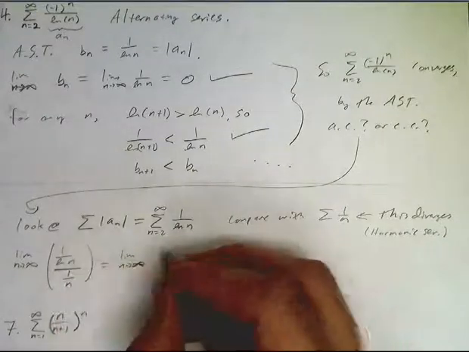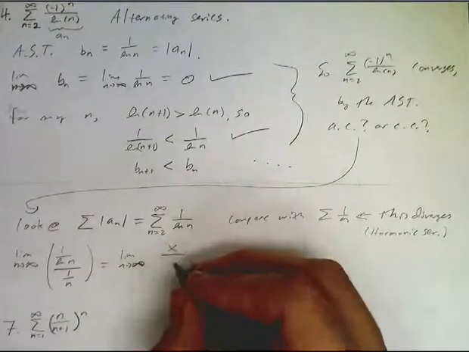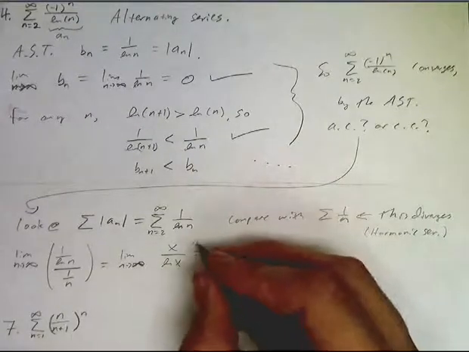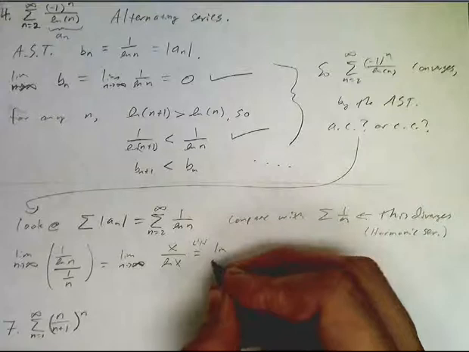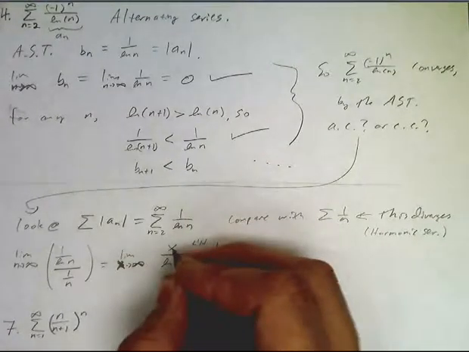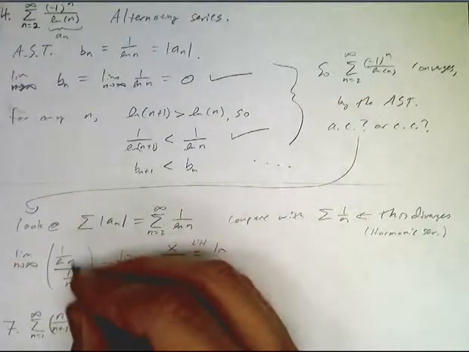Let's see. I'm going to replace n with x so that I can use L'Hopital's rule, thinking of it as a function f of x that matches this sequence.